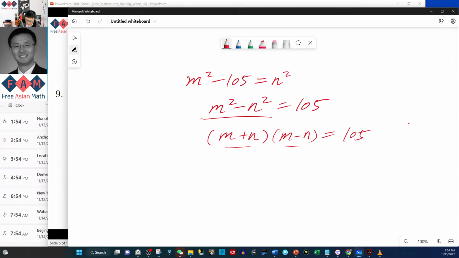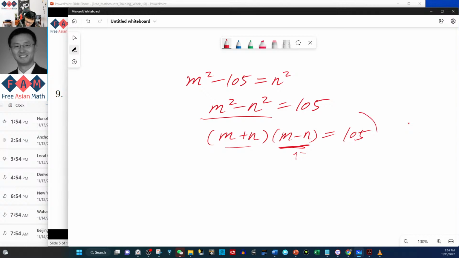If they are both integers, m plus n must be an integer. And without loss of generality, one of them must be bigger than the other because we don't really know which one is m, which one is n. So we can safely assume m is bigger than n, so this will be positive.